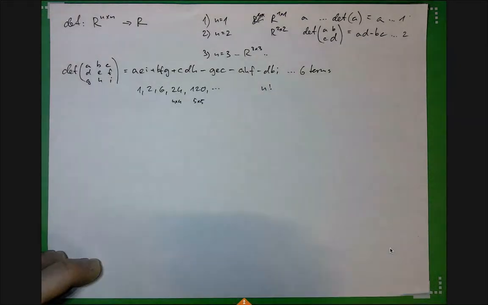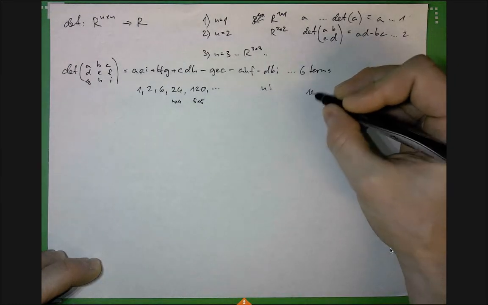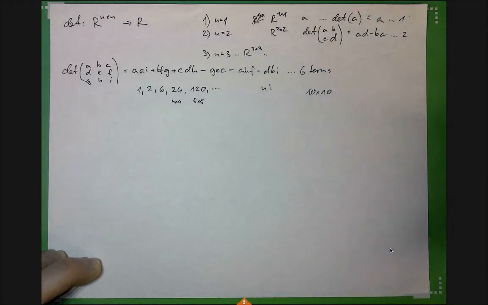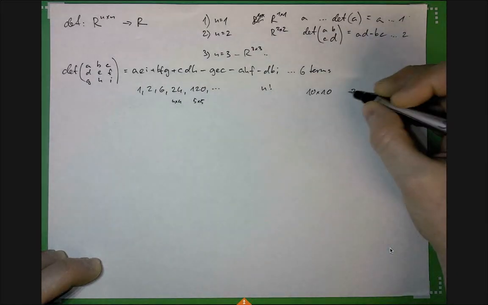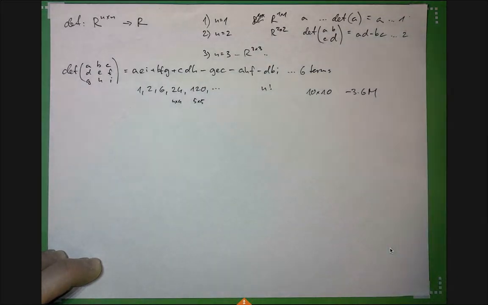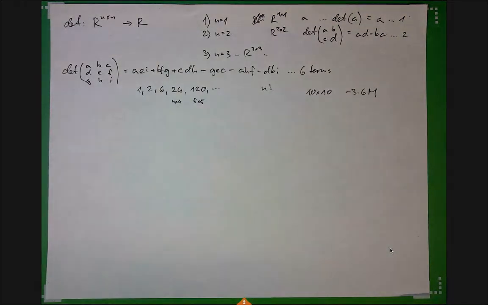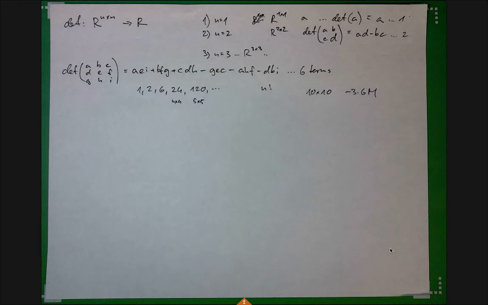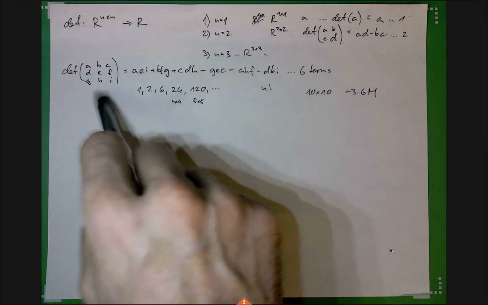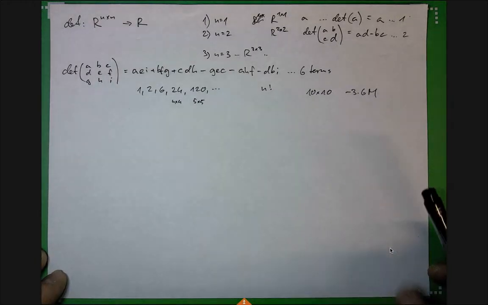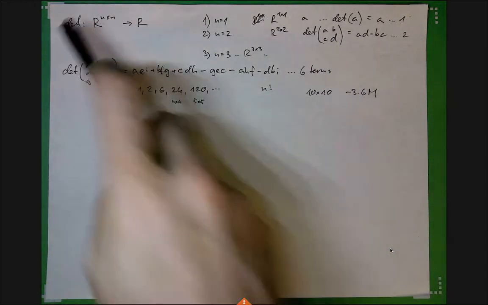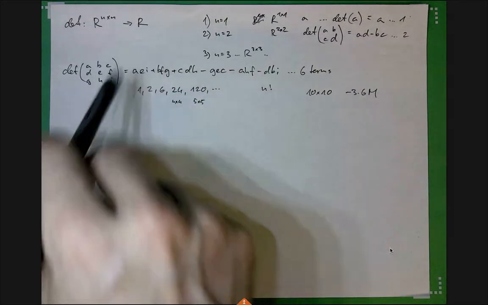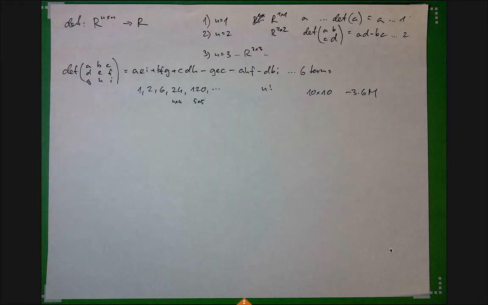For example, if I had a 10 by 10 matrix, then 10 factorial is roughly 3.6 million terms, right? So this formula is not how you want to be computing your determinants anyway. I will get back to the formula for general n later, but it's probably even more important to think about the properties of the determinant as a function and analyze what is going on.